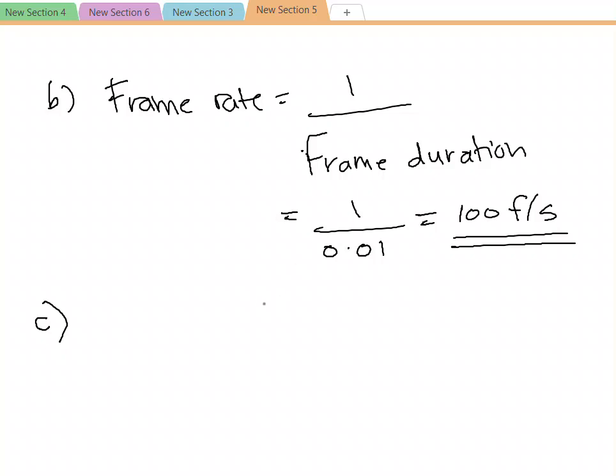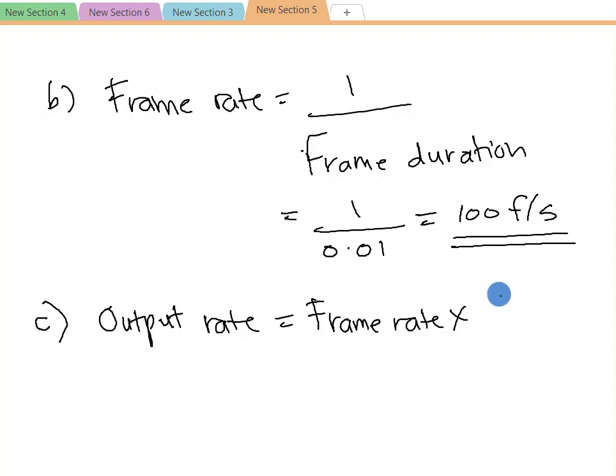Then last kali, output rate equal to formula dia frame rate multiply by frame size. Frame rate kita adalah 100 frame per second, multiplied by frame size tadi.